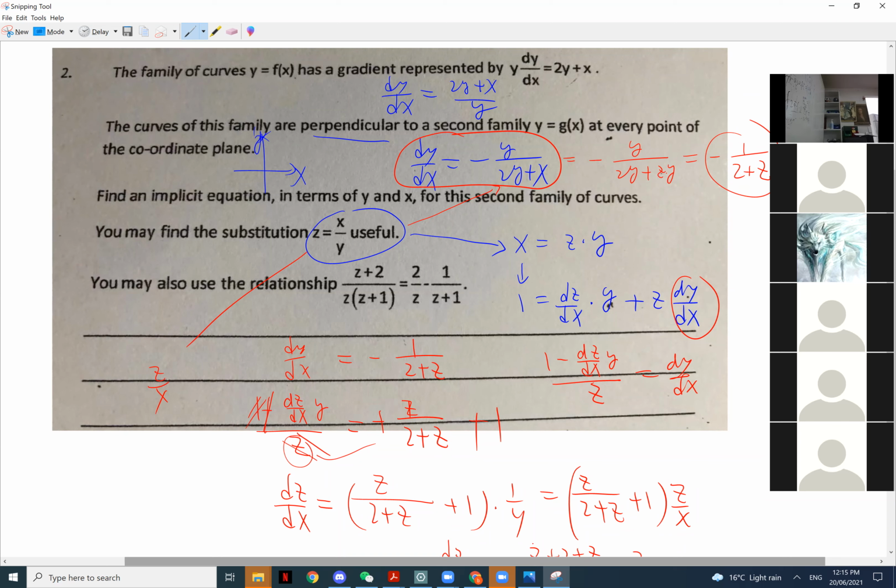This question is from a very old scholarship. Yeah, which is question B. Pretty annoying.